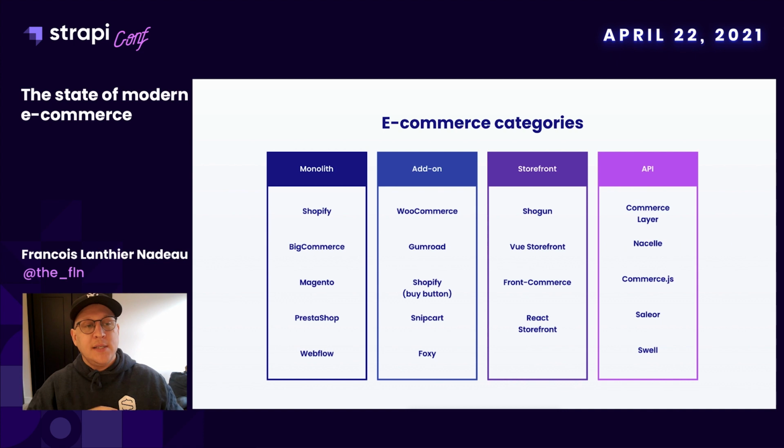And last but not least, a newer-ish category too is the e-commerce API. You can find solutions in there like Commerce Layer, Nacelle, Commerce.js, Saleor, Swell, and many others. So let's see which kind of functionalities they solve for and some real-life examples.